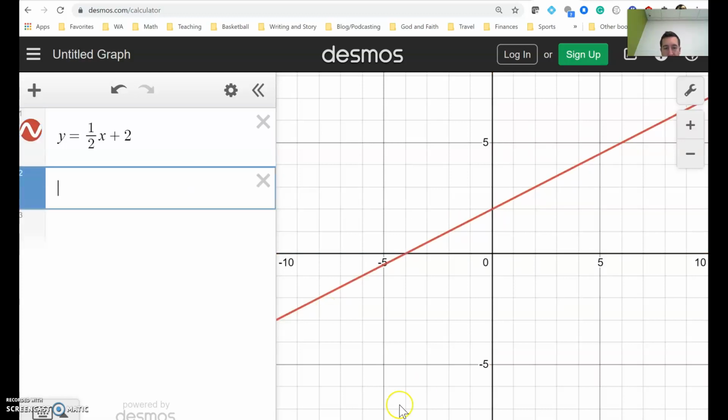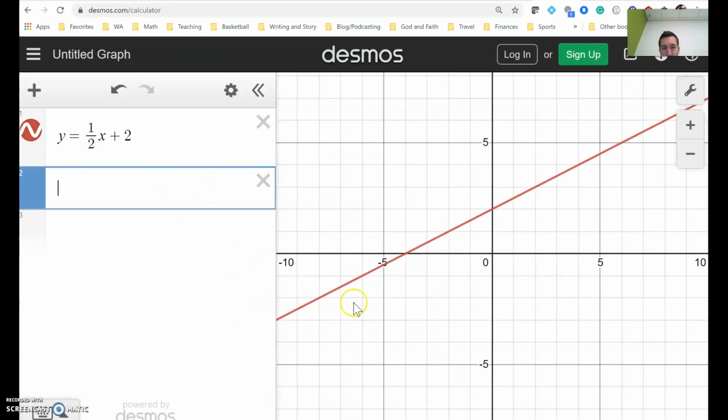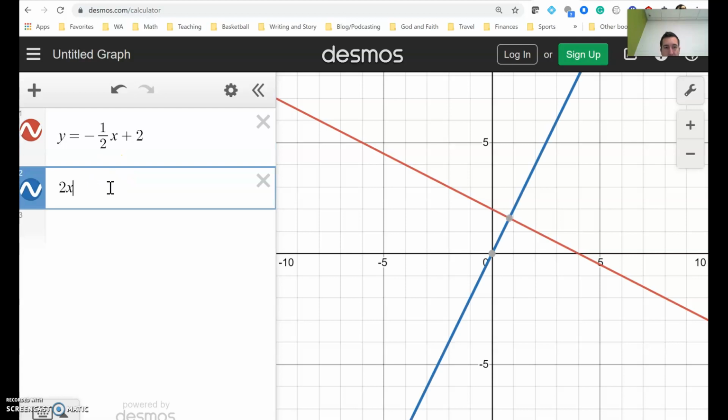There's that one. And what was standard form? Standard form was 2x plus 4y equals 8. Booyah. Let me turn that one off. There's the first one.